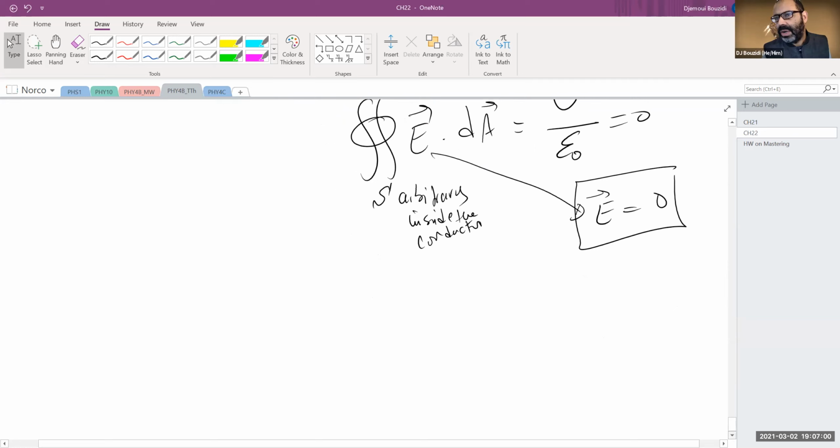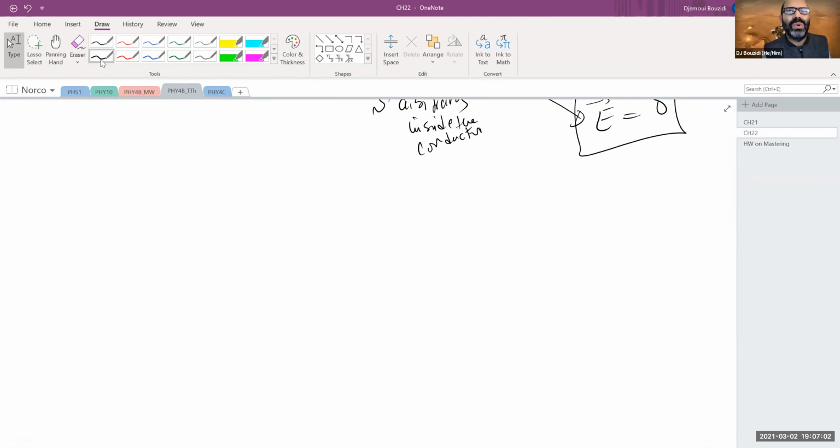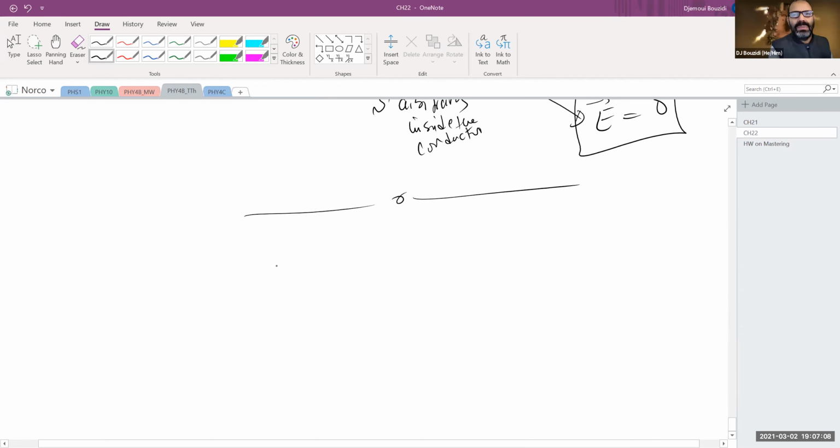Before we take actually any problem and do them, let me do another important result, and that is for an infinite plane. So let's take stock of what we did so far using Gauss's law. We took an infinite line, infinite rod, okay, and we found that the electric field basically drops like 1 over distance.